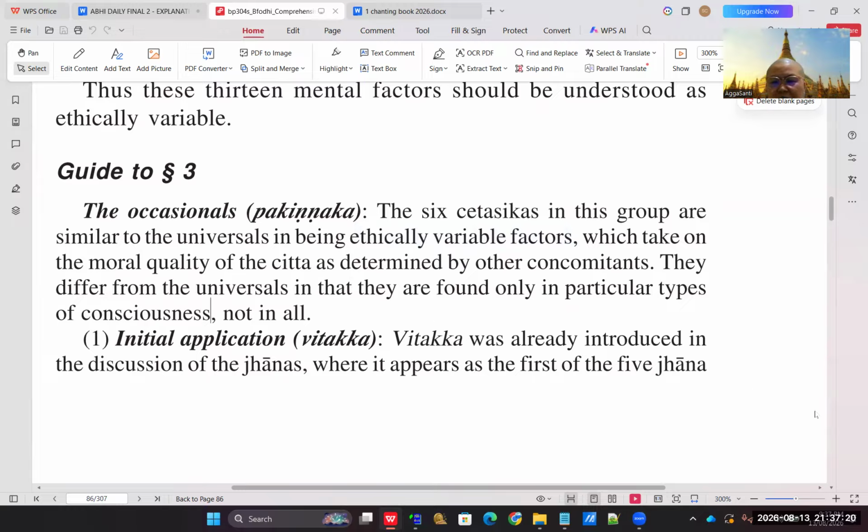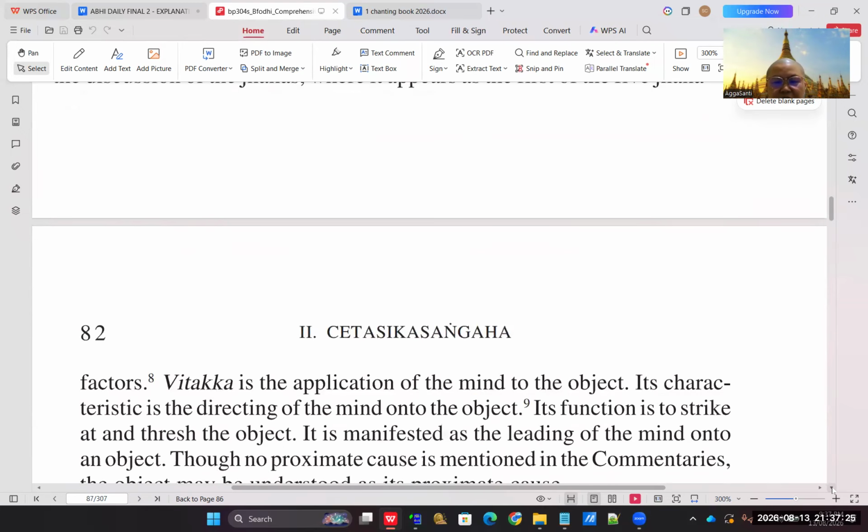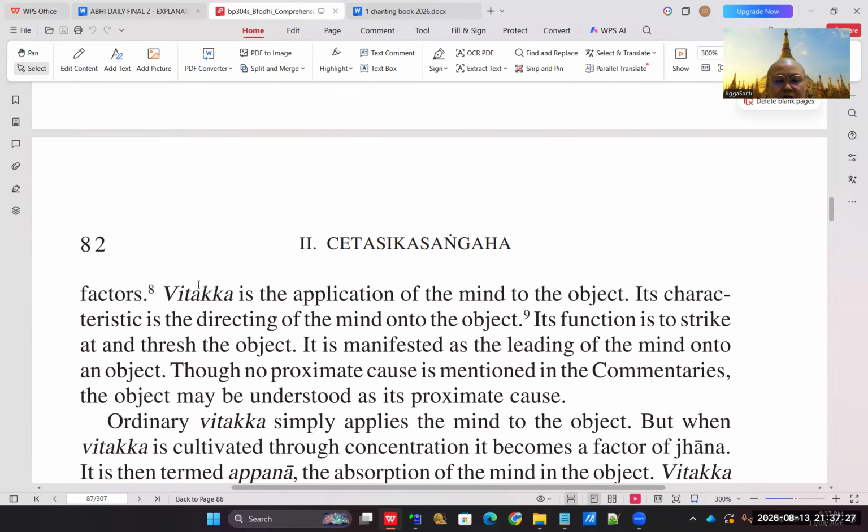So you have the Vitakka. Vitakka is under jhana, the first of the five jhana factors. Now here Vitakka is called application of the mind to the object. In this book, it's called making the mind descend on the object. The characteristic is directing the mind on the object.